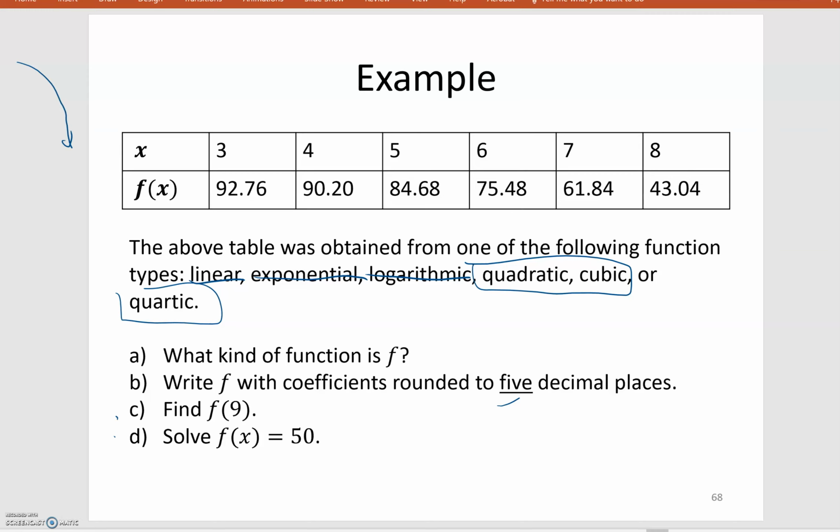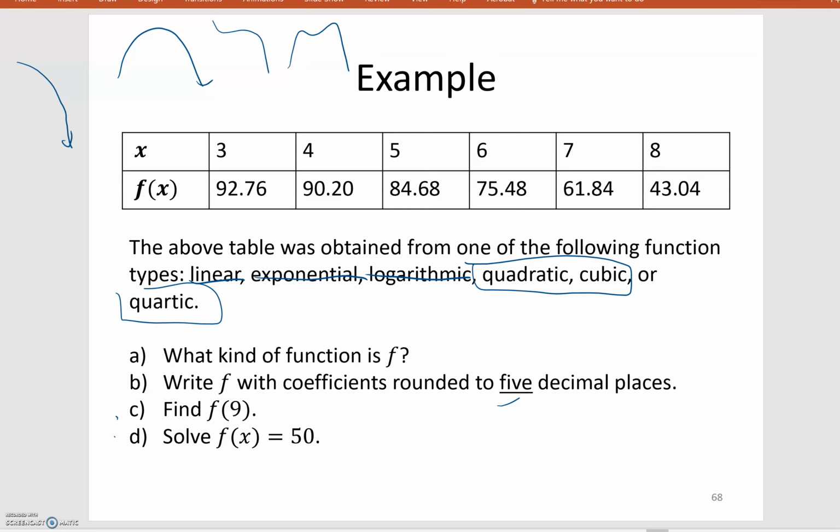Okay, so we really have to check all of them, because a quadratic can do this, a cubic can do that, a quartic can do that. So they can all do this over certain portions.